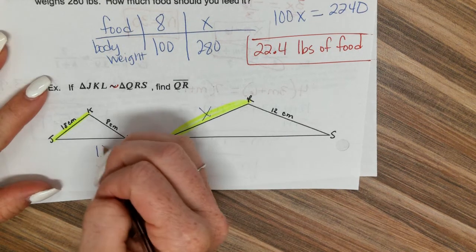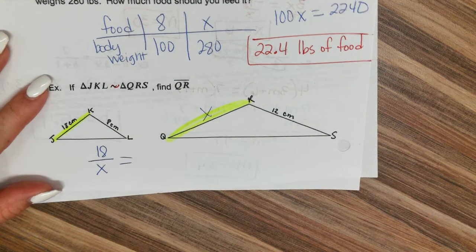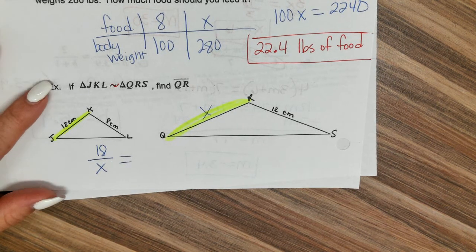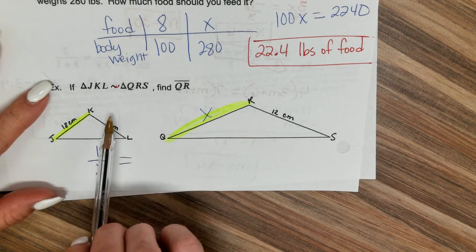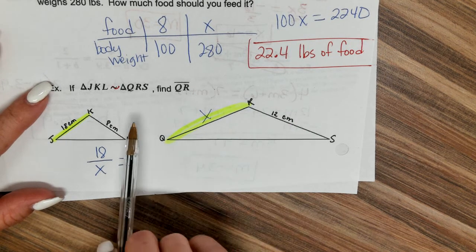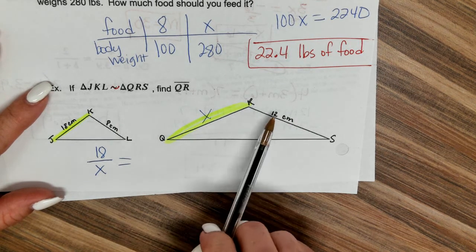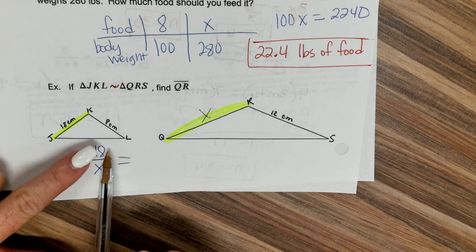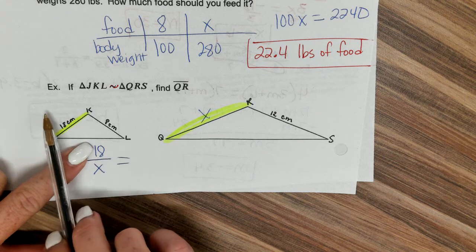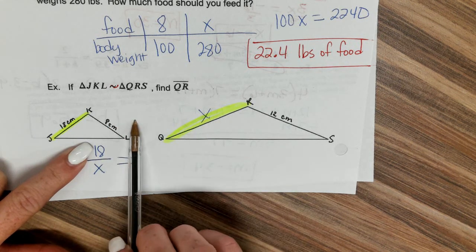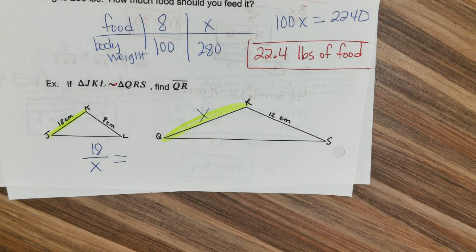So I would do 18 over X is equal to, now, here's where students mess up. They put the wrong one on top. Yes, 8 and 12 is going to be a ratio. Do y'all agree? But because I chose to put 18 on top, I must put which one on top? 8, because they both belong to the same triangle.